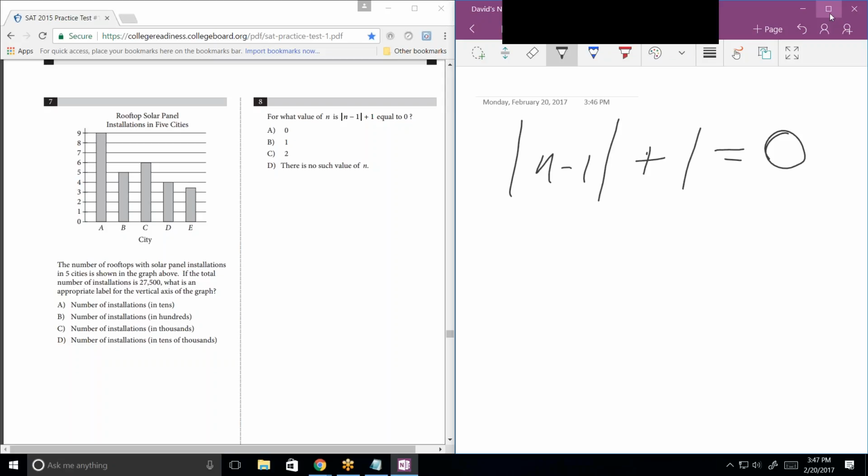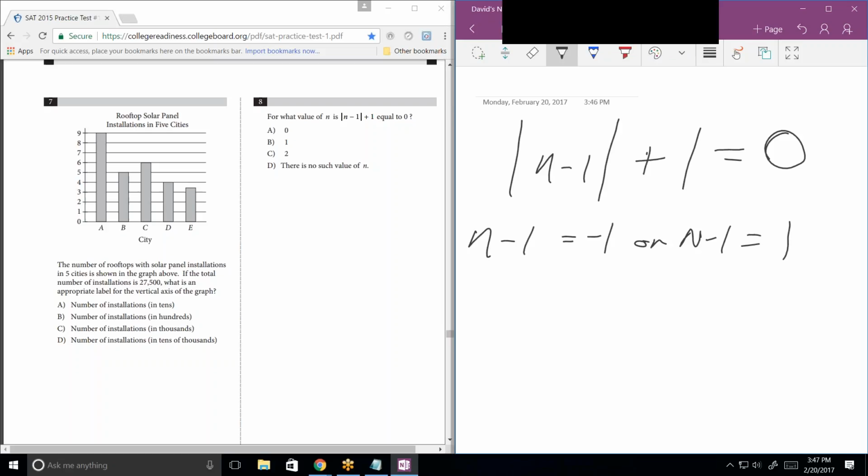His 7th grader comes on and he gives me a problem very similar to this. And I solve it the way I solve all absolute value problems. In other words, what I did was I said n minus 1 equals minus 1, or n minus 1 equals plus 1.